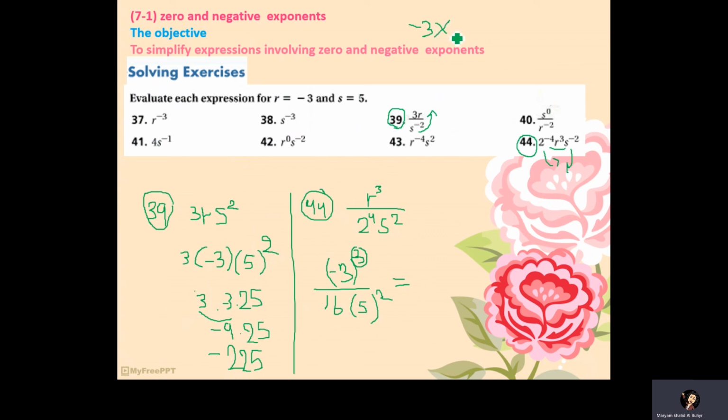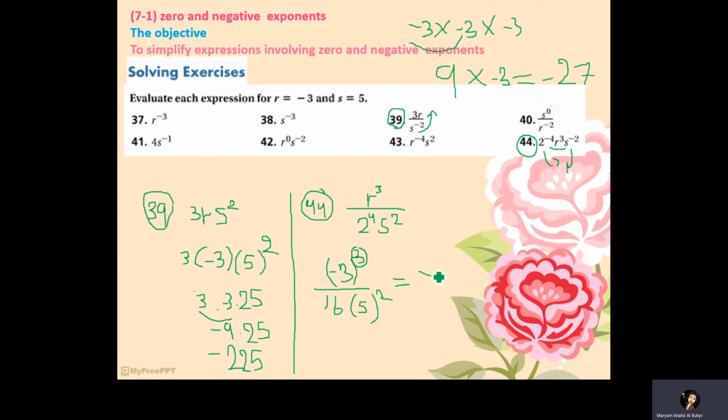3 times negative 3 times negative 3. This one with this one will be positive, will be 9 times negative 3, which is, as I told you, different sign is negative in multiplication. So that is negative 27.